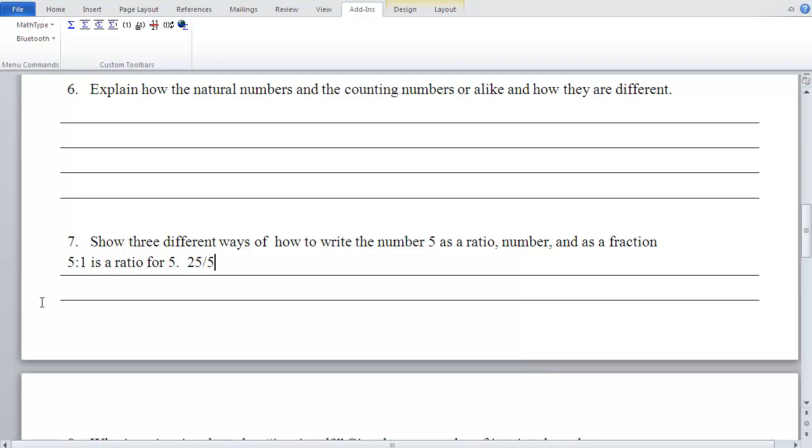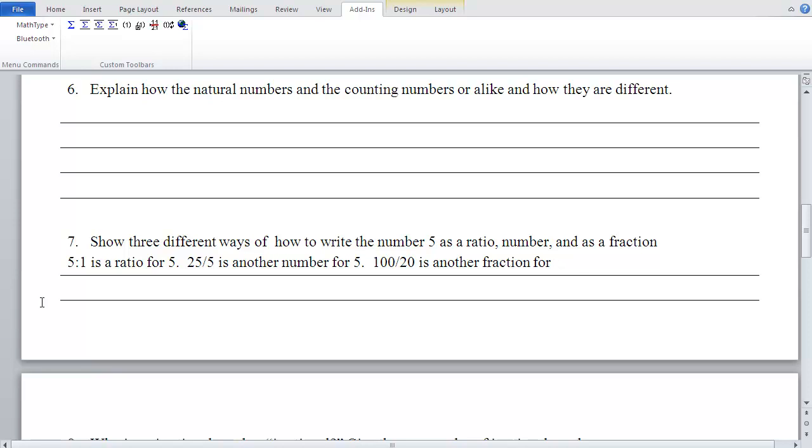I could use 25 colon 5 as a ratio. We already did it as a ratio, but it's still a number. So 25 divided by 5 is another number for 5. And we'll do it as a fraction. I'm going to use 100 divided by 20 is another fraction for 5.